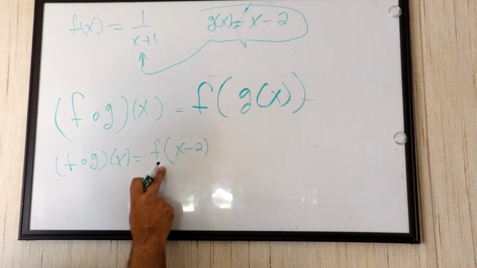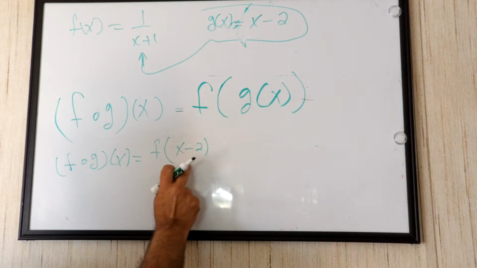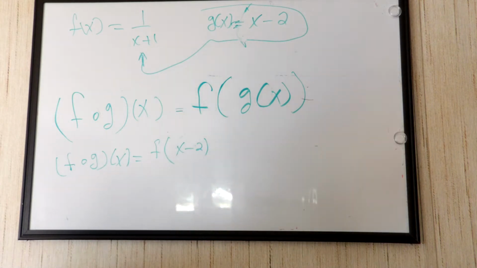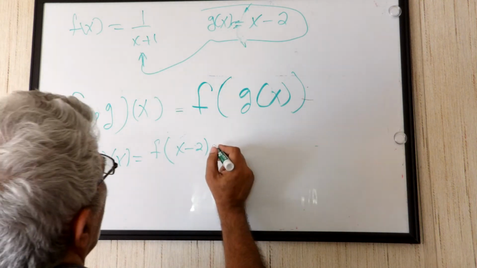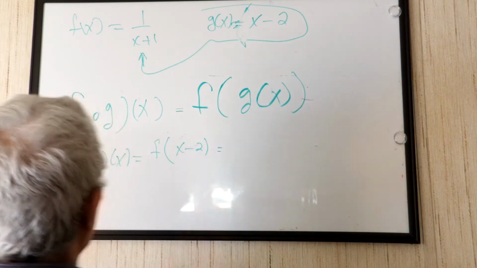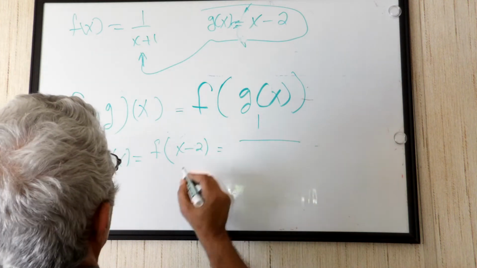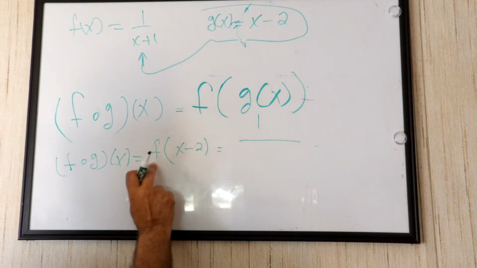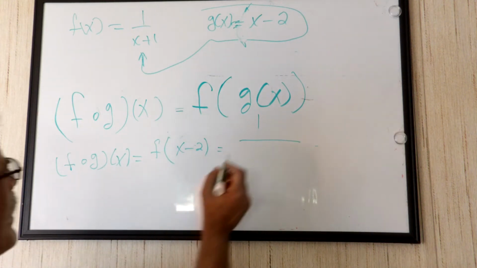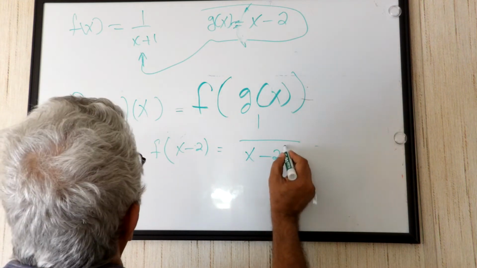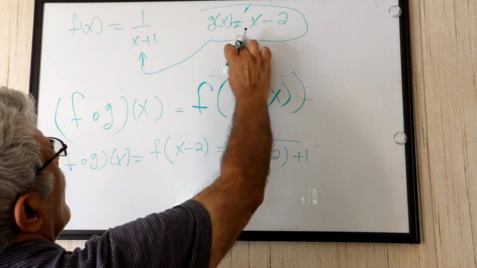We put in this function, instead of x, we put x minus 2. So it's going to be 1 over, when you see something like that, you put the value in there. Instead of x, you put the value x minus 2. So this is 1 over x minus 2 and then plus 1, right? Instead of x, we write x minus 2.